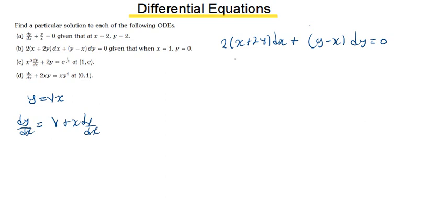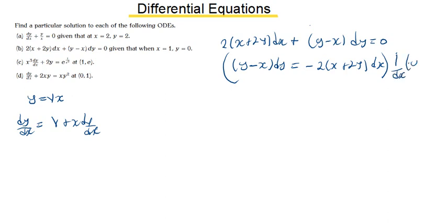So what will happen is that I'm going to have (y minus x) dy equals negative (2x plus 2y) dx. What we do is multiply both sides by 1 over dx, and also multiply both sides by y minus x.